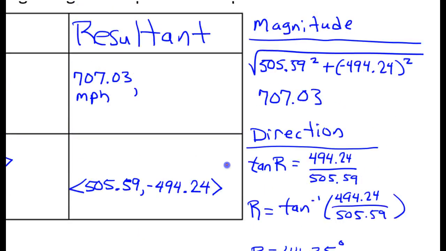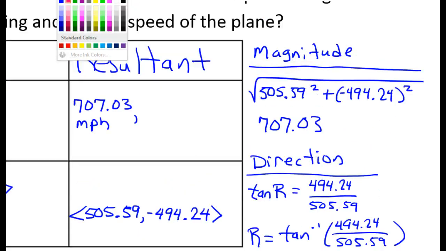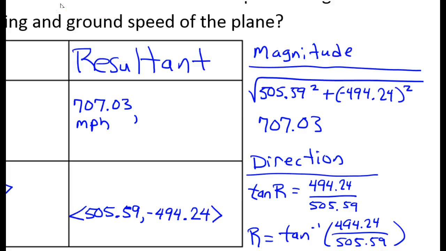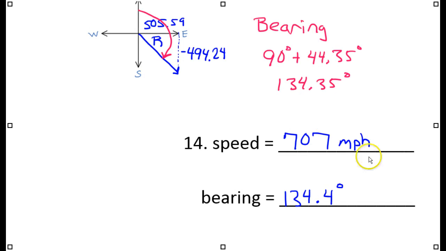So I'm just going to go ahead and write that up here. And this is really the final answer. This is the magnitude and direction of the resultant vector when you combine the motion of the plane and the speed of the wind. So your final answer might look like this. Speed is 707 miles per hour, bearing 134.4 degrees.